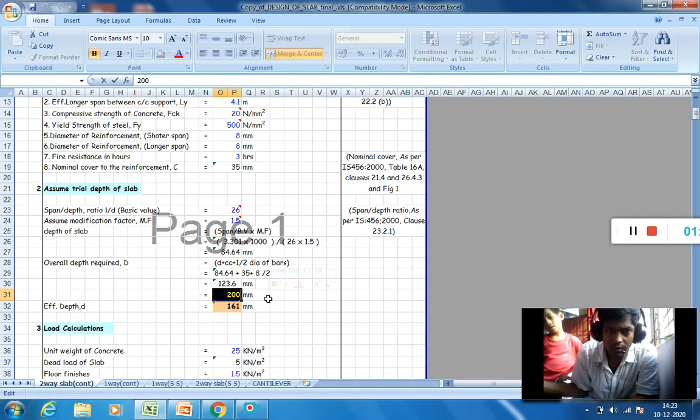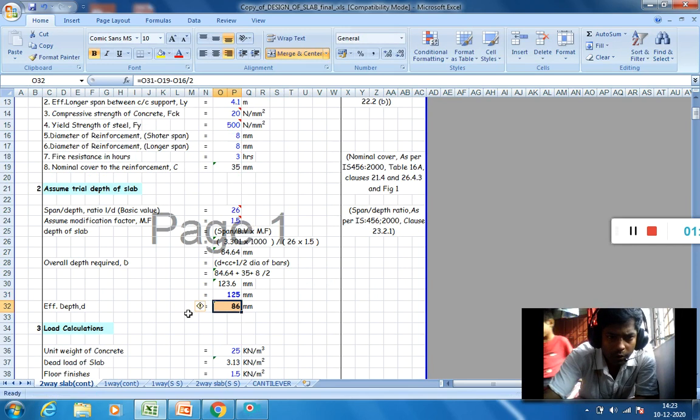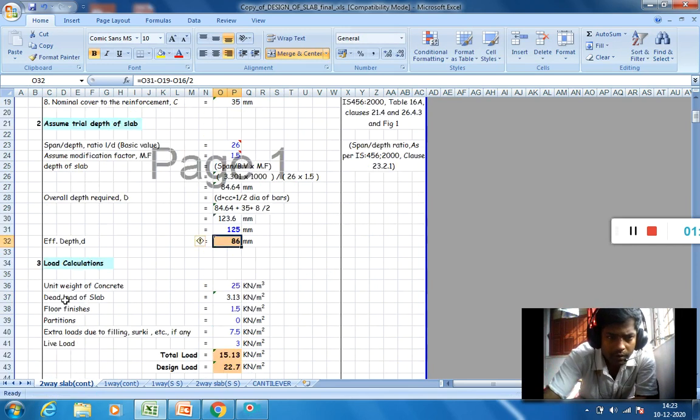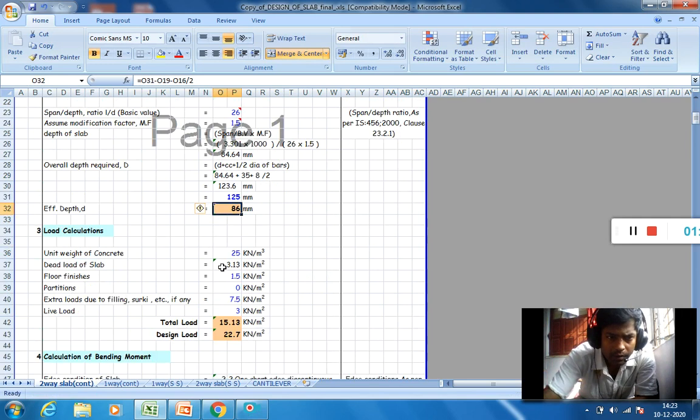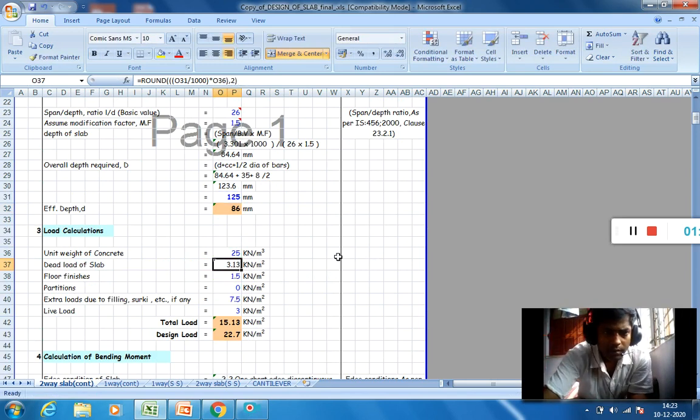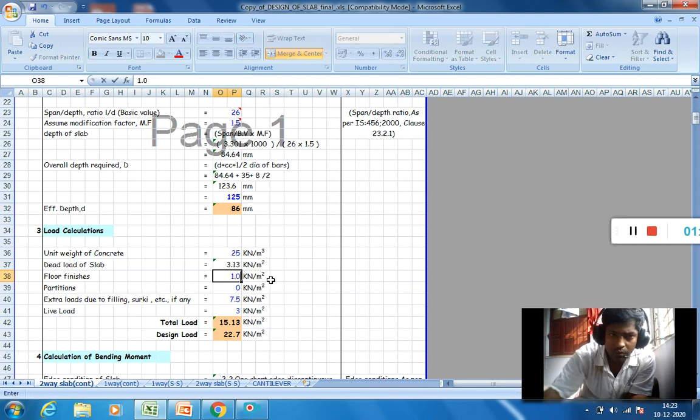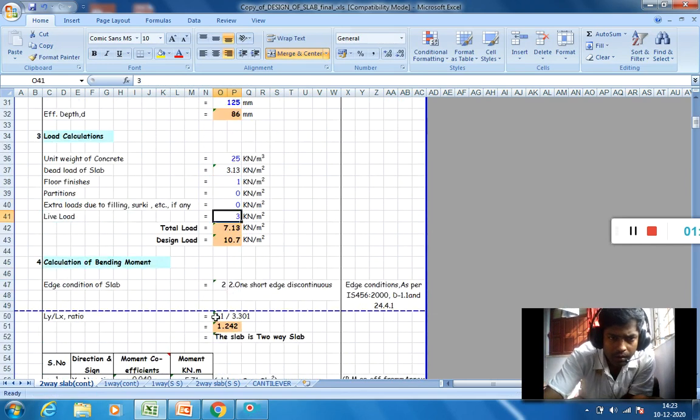The overall depth is 125 mm, so automatically the effective depth comes to 86. Unit weight of concrete is given. The load is automatically calculated. Floor finish we consider 1.0. Partition, no load, this is also 0. Live load is 3, so automatically the design load comes to 10.7.